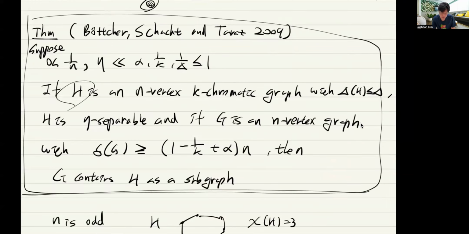So for a specific graph, this theorem does not give you the tight bound, but in general, if you consider all k-chromatic graphs, then this is best possible.